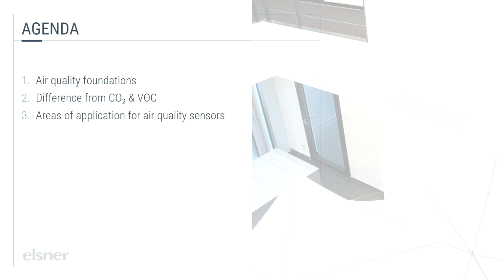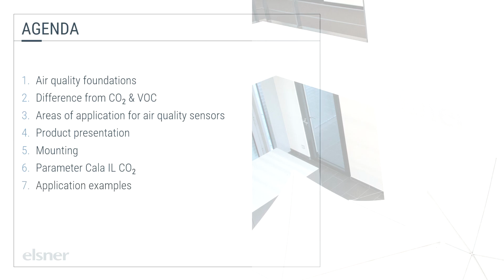Then we have a short product presentation. Then we look at how we can install the devices. And then we have a look at the parameters of the Cala IL CO2. And the last topic is the application examples. In the next section, we will look at the basics of air quality.